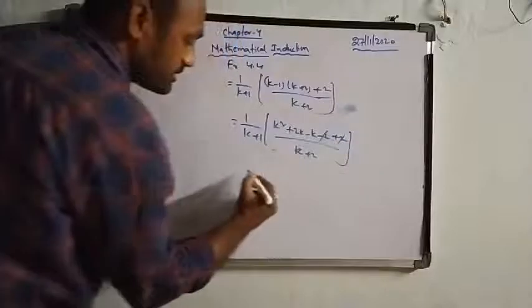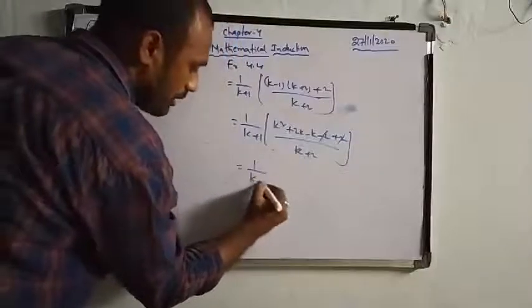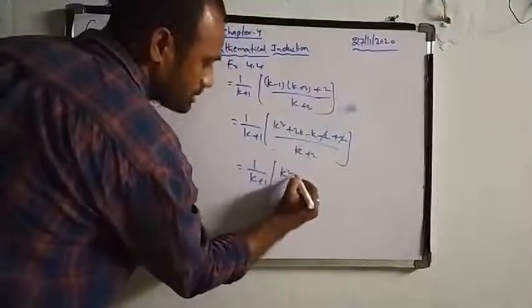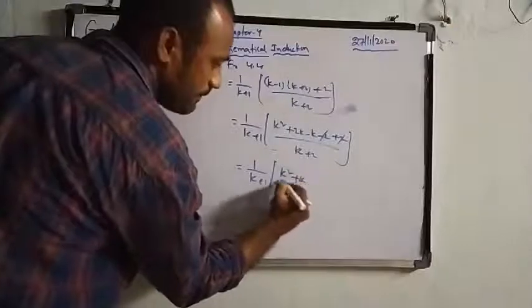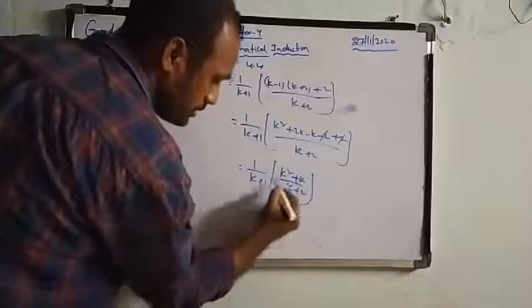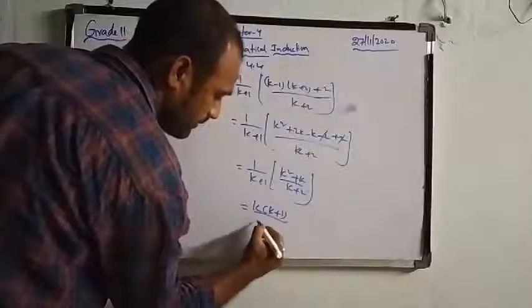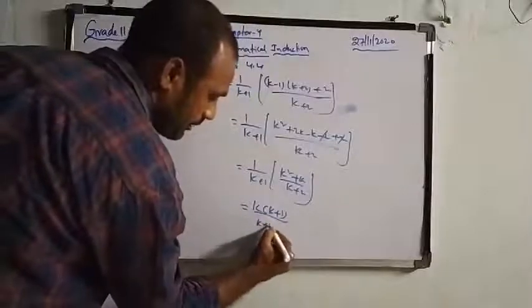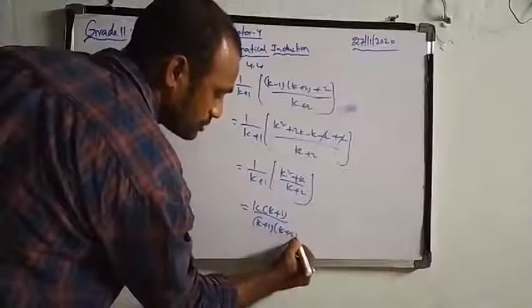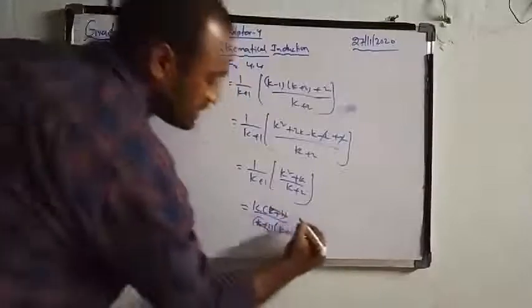So plus 2 minus 2 gets cancelled, giving 1/(k+1) times (k² + k)/(k+2). I can take k common in that, so it will be k(k+1)/((k+1)(k+2)). K+1 gets cancelled.